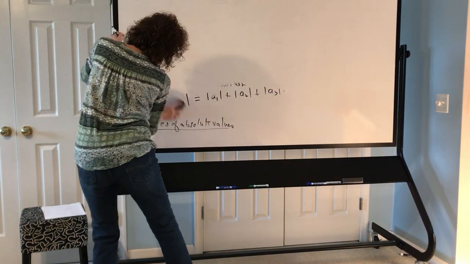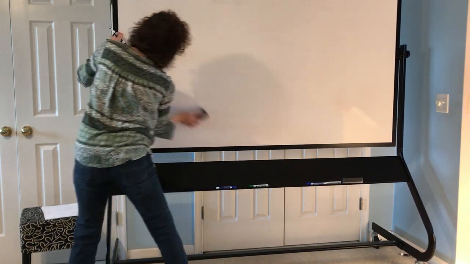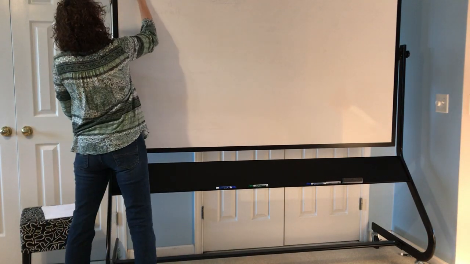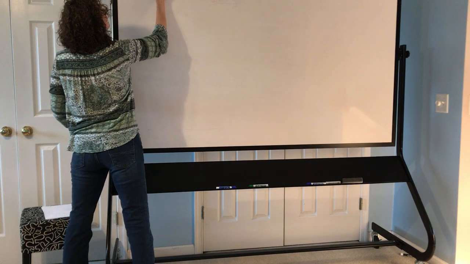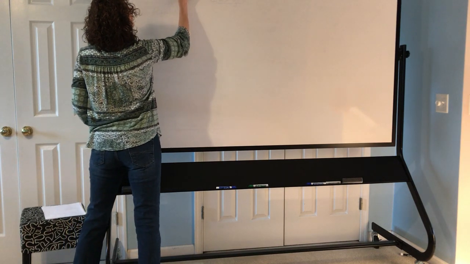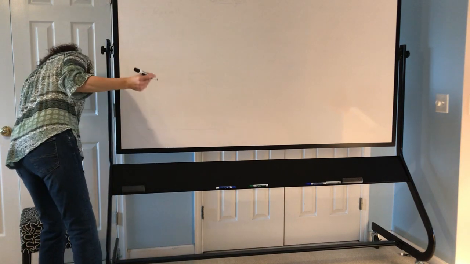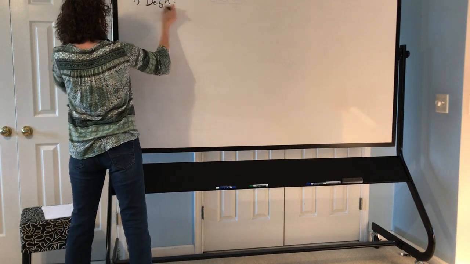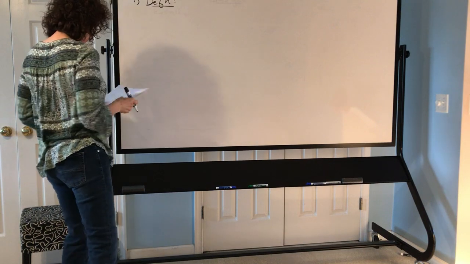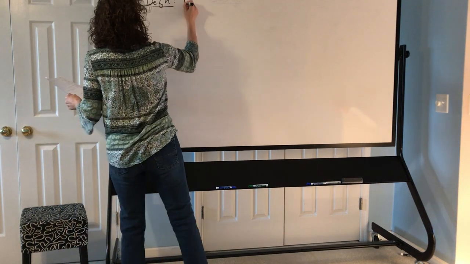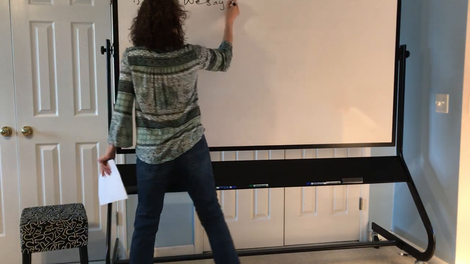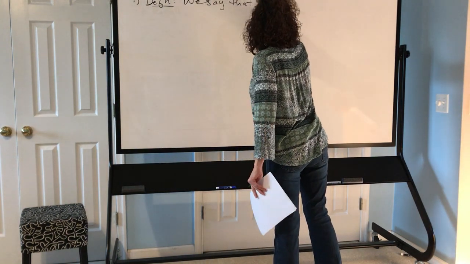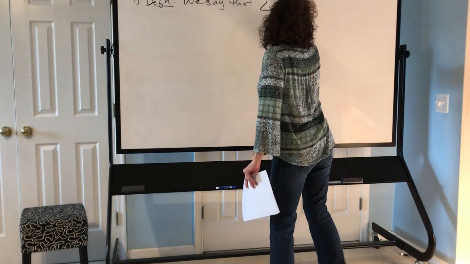So here we go. Let's talk about this concept. So let's get some terminology. So, let's first make a definition. Let me just make sure I save these all. So we say that a series, right?